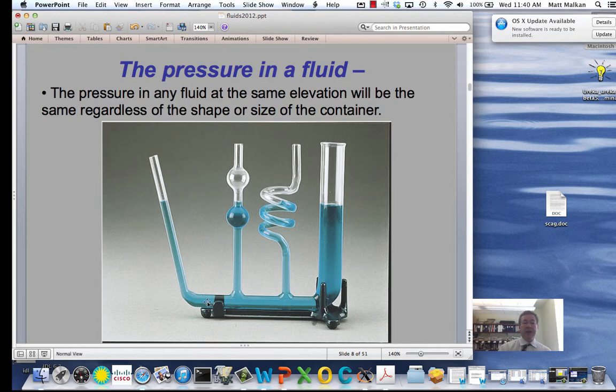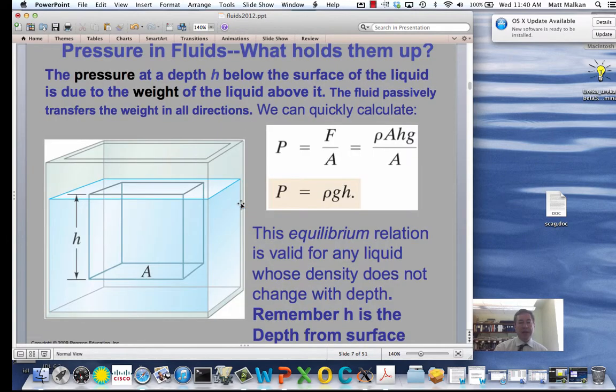So then there's a certain amount of pressure at the bottom here, which is what? It's just the height from the top of the surface of the water down to the bottom times rho, the density of water, times g, the gravitational acceleration. So for all of these different tubes, the pressure difference from the top to the bottom has to be the same.